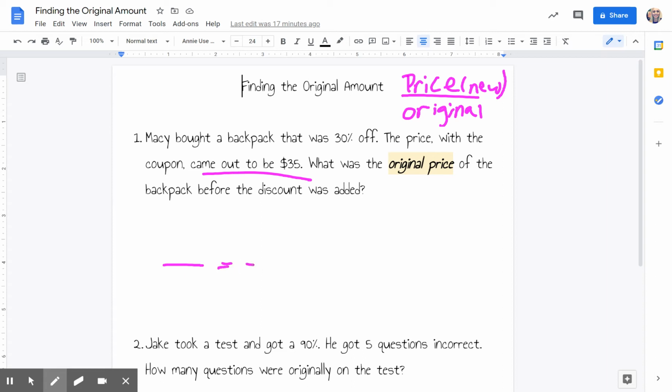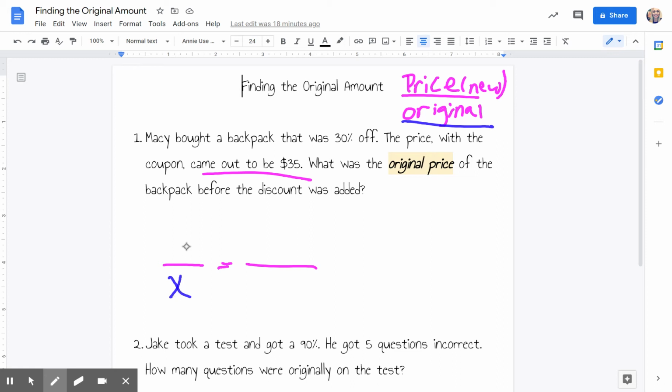So in this setup, whenever I'm trying to find the original price, it always goes on the bottom. So in this instance, I'm going to put X on the bottom, because that's what it's asking for.